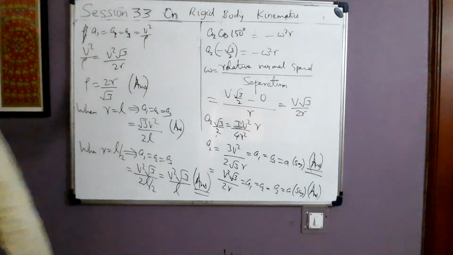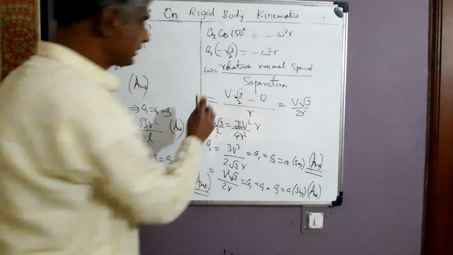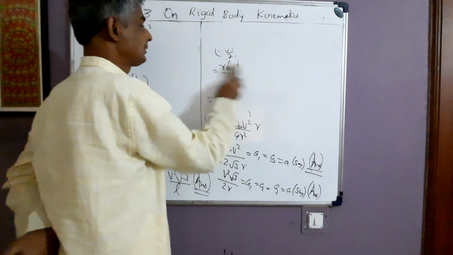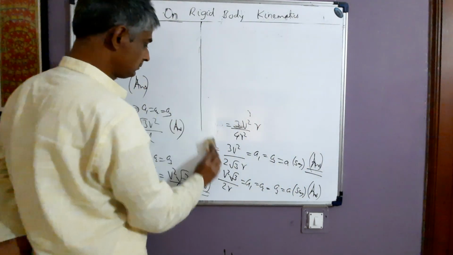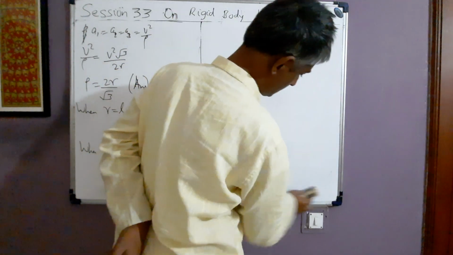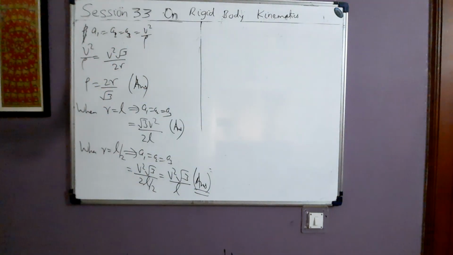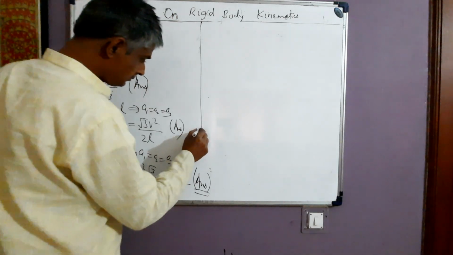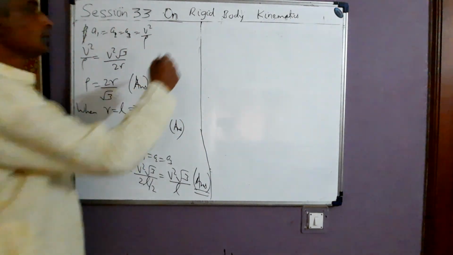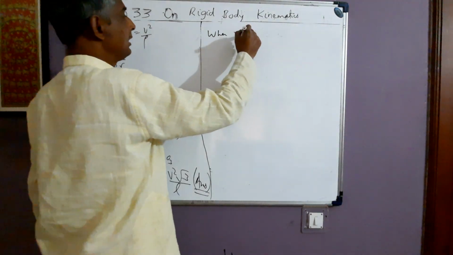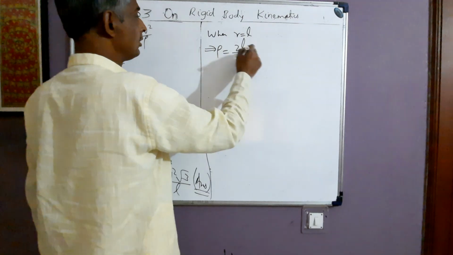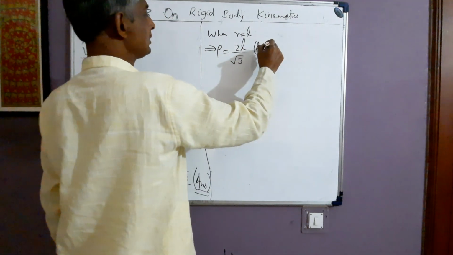Now I'll work this one, fine. And rho also we have to find. So when R is equal to L implies rho is equal to 2L by root 3, one answer.